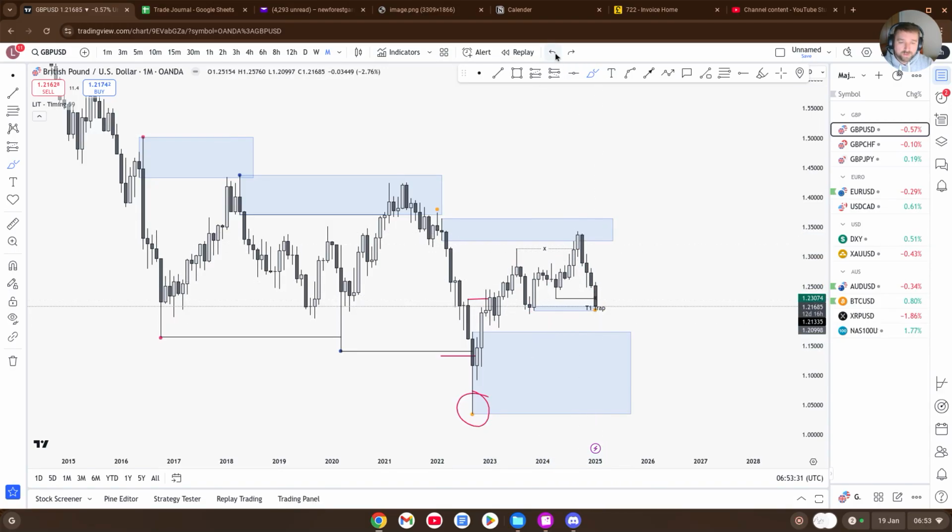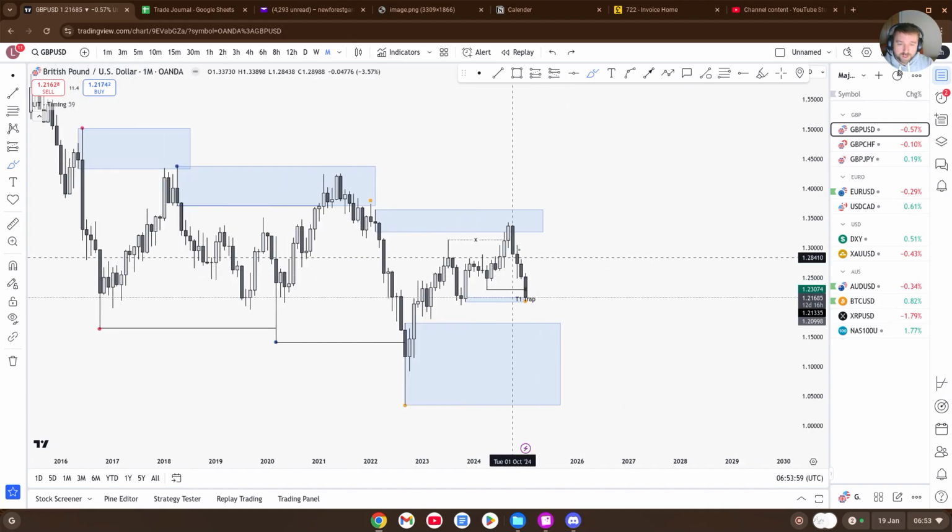So now we have a confirmation of this range from this low to this high, and like I say, I don't know if this is going to get taken, but I don't want to say no, but what is probably a high probability is that this is internal range liquidity, and now we can look at price to come and take that out. So overall I am bearish on this, but you have to look at what we've just done.